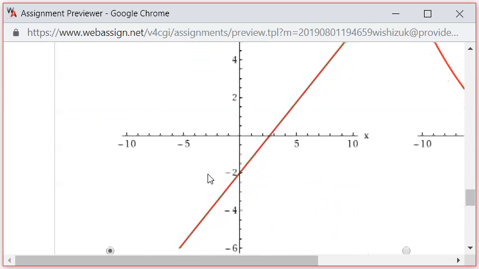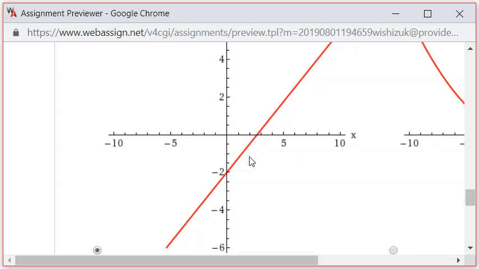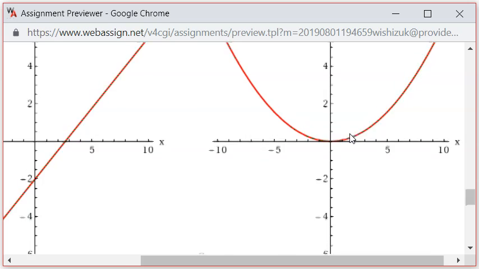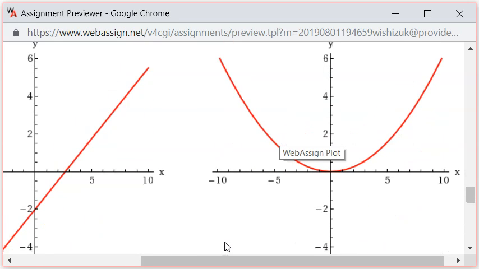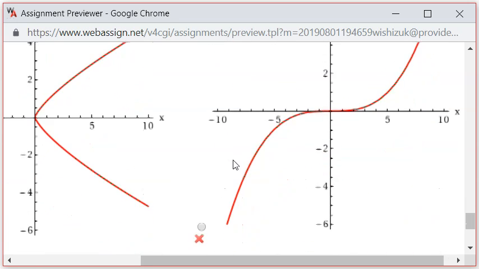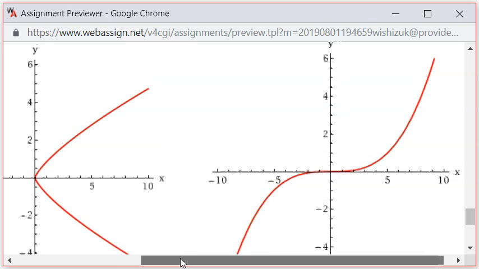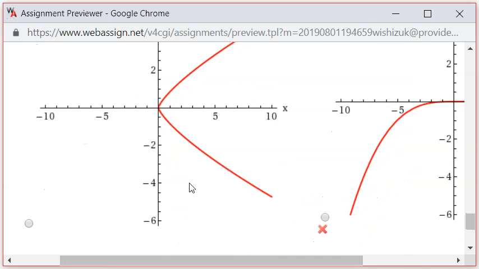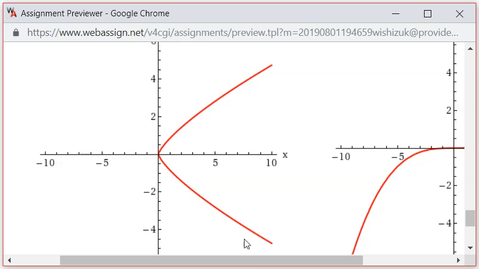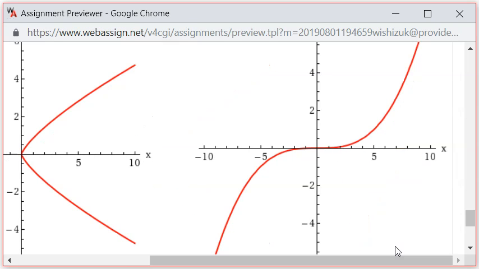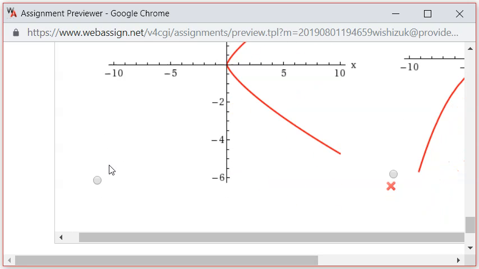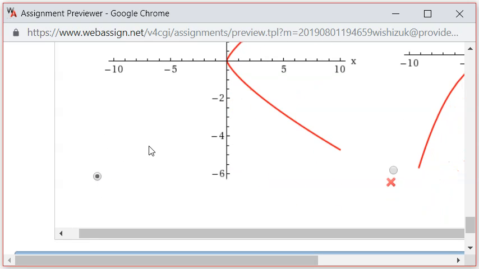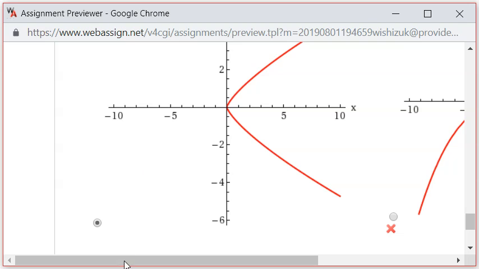You can see that the first one isn't the right one, and the second one isn't it because the picture is on the left-hand side. The third picture looks promising, and it cannot be the fourth one. So there's only one feasible one, and this is going to be the correct picture.